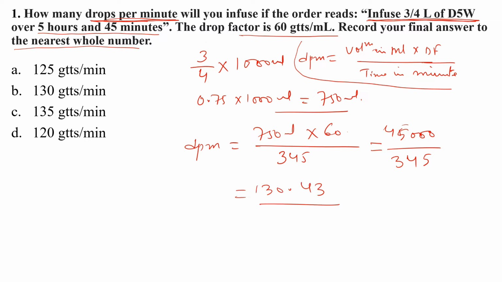This is the drops per minute, but the question asks us to write the final answer to the nearest whole number. So the nearest whole number is 130 drops per minute. So the correct option here is option B, 130 drops per minute is the correct answer.